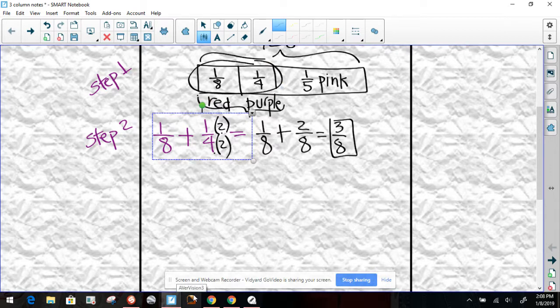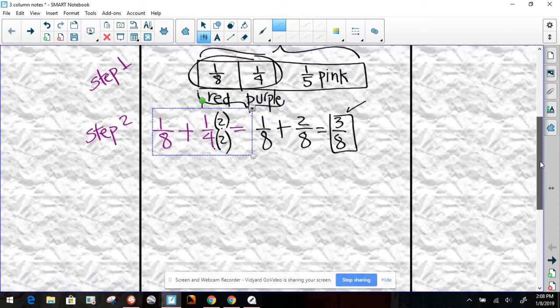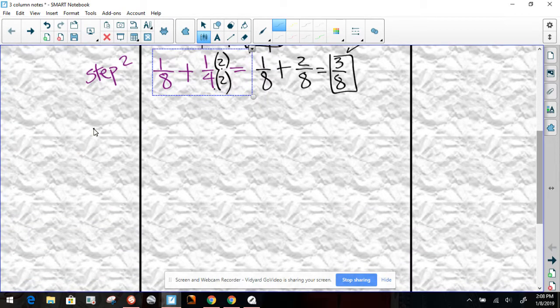However, we don't know how many flowers that is. So now we have to look at what is 3/8 of the 128 flowers. That's going to be our step 3. To make it easier to find the answer, we give the whole number a denominator and multiply across. 3 times 8 is 24.